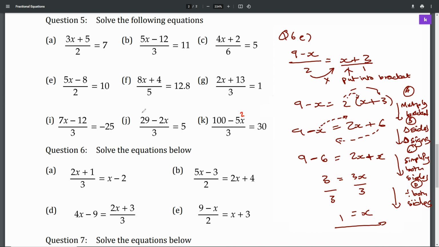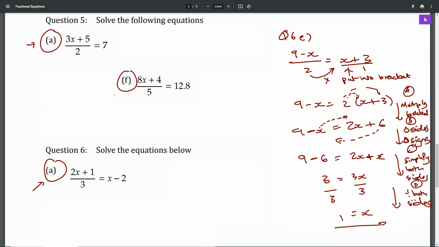Okay, try a few of these questions here. Let's say randomly we try A, F, and A. Four parts, question 6. All right, so let's go through those 3 questions then.